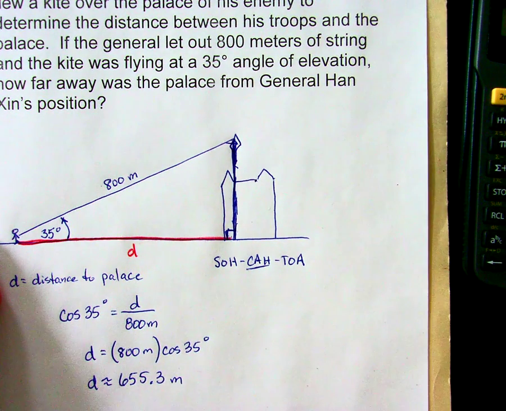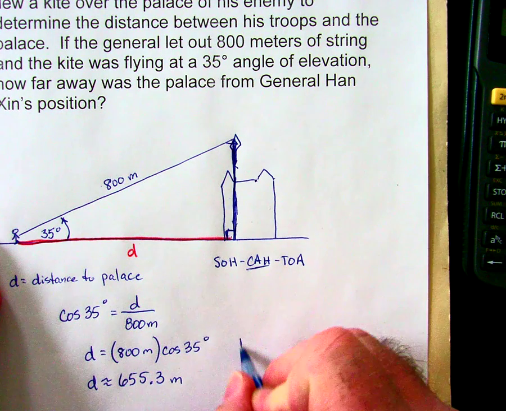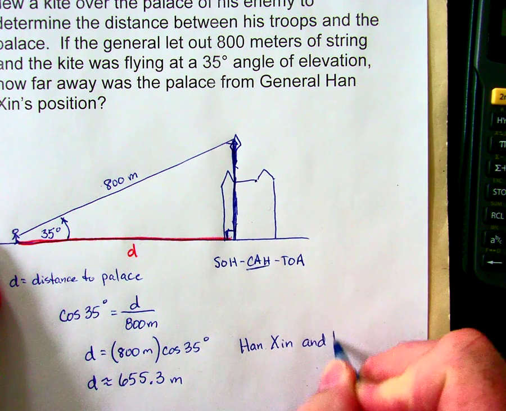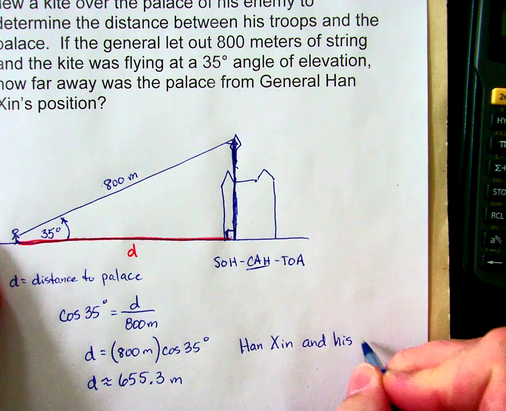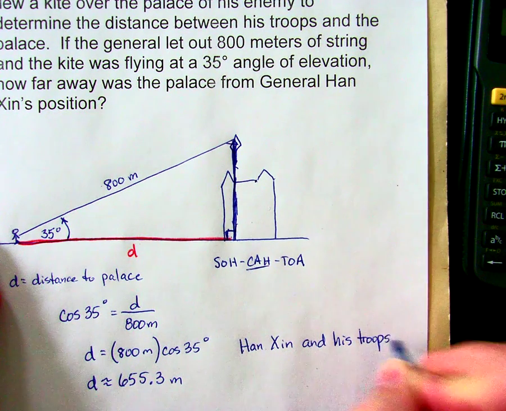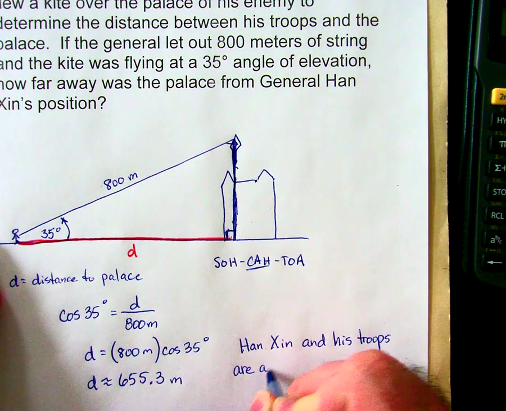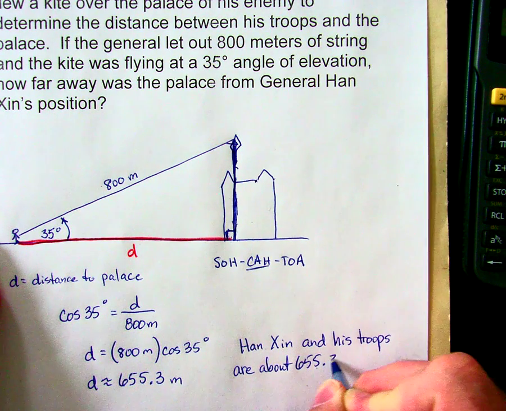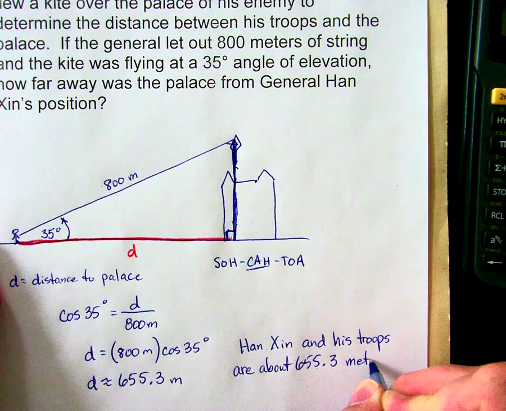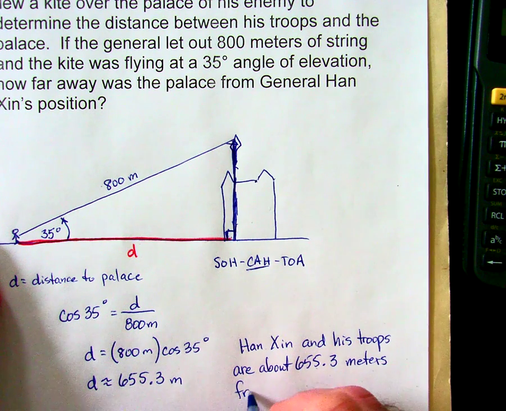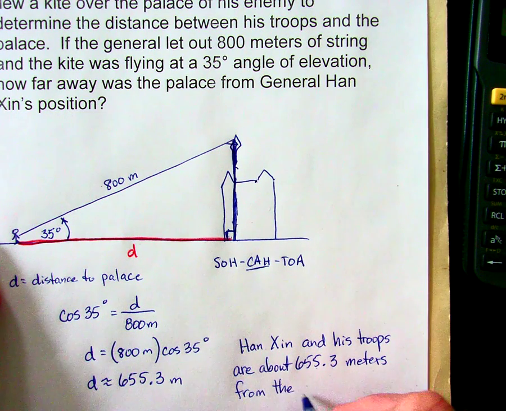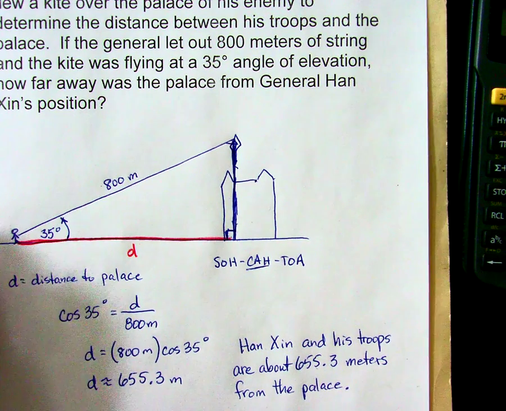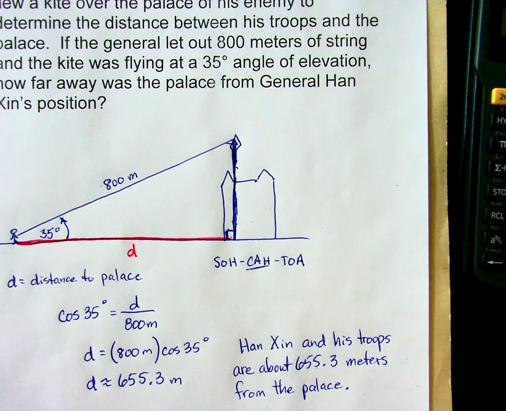So to answer the question, Han Qin and his troops are about 655 and 3/10 meters from the palace, or about 2/3 of a kilometer, roughly.